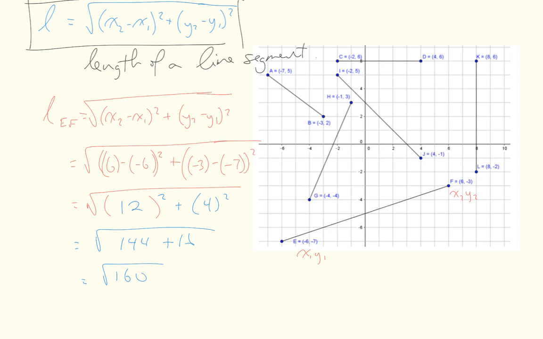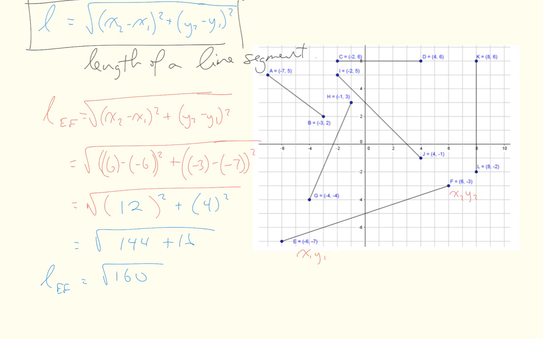So my exact length of EF is root 160, and let's see, I know that 144 is 12 squared. I know that 13 squared is 169. So this is somewhere close to 13, I think.